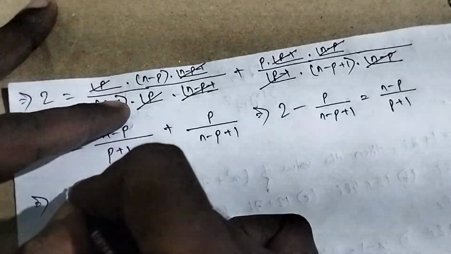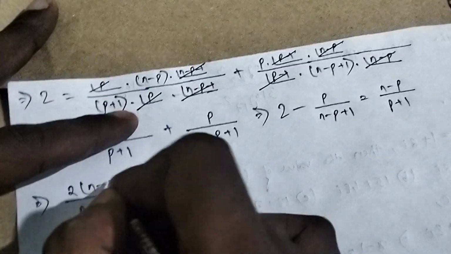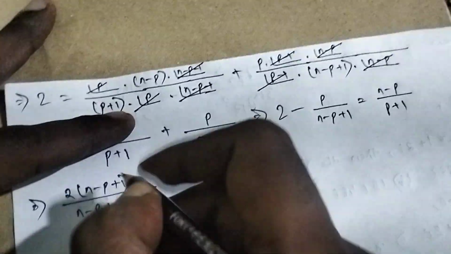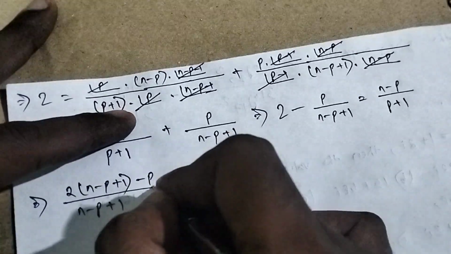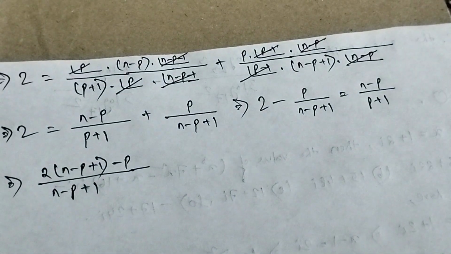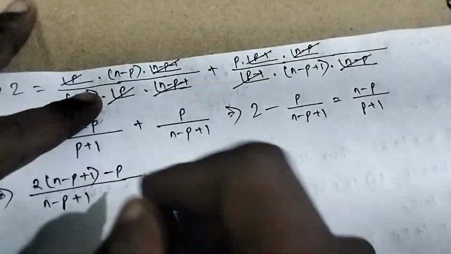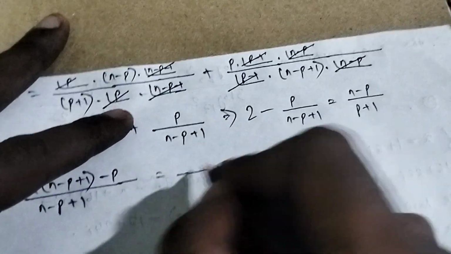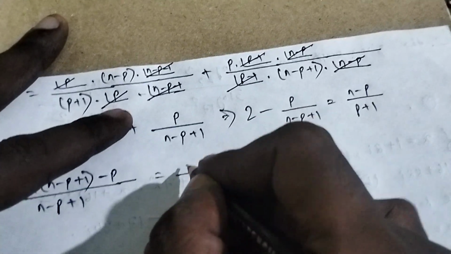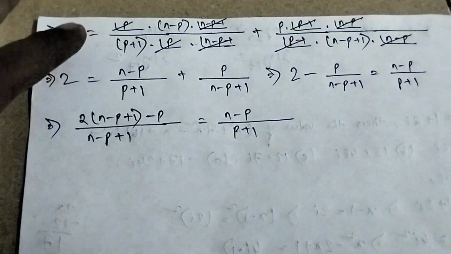So it would be 2 into (n-p+1) minus p, and in the right hand side we have (p+1) by (n-p).